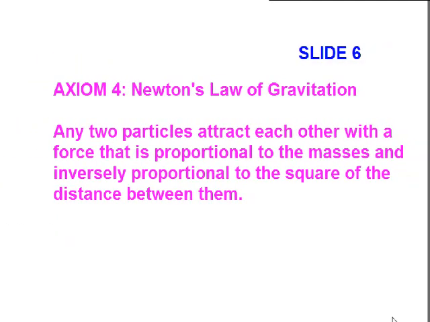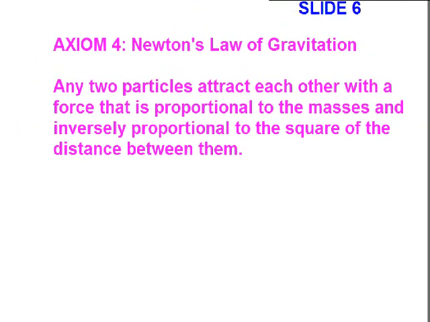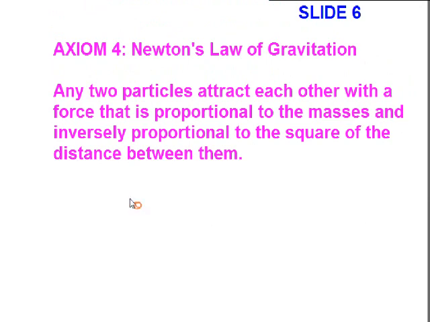We'll see the final law, which says that there are two particles of mass m1 and mass m2 separated by a distance r. The force of attraction between them, F, is proportional to m1 and proportional to m2, so it is proportional to the product of m1 and m2, and it is inversely proportional to the square of the distance between them.